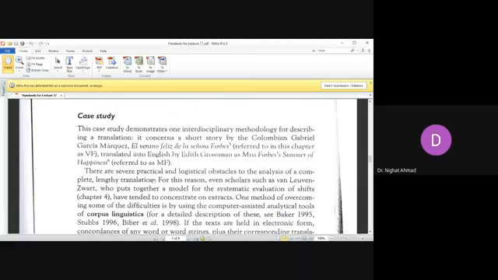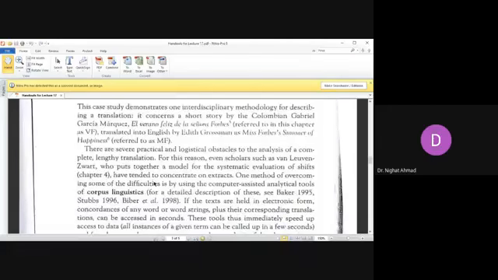So there are several practical and logistical obstacles. If this case study involves translating this short story by Garcia, it means that you have translated the whole story, and it will involve practical, logistical obstacles to the analysis of a complete, very lengthy translation.